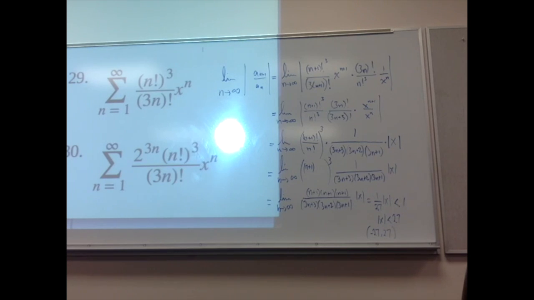So I would probably come back to this. If x equals 27, then this power series becomes a chapter 5 question. It becomes just a normal series.